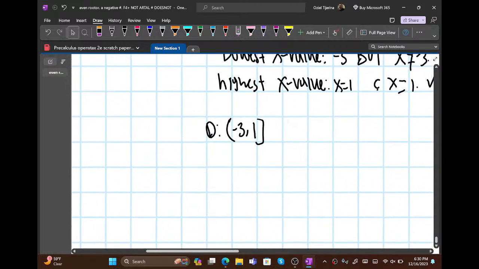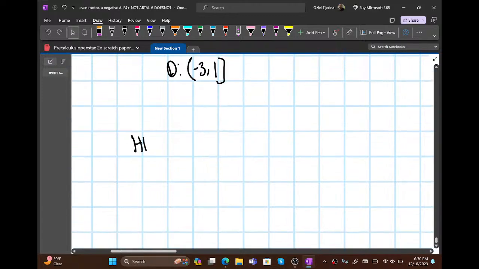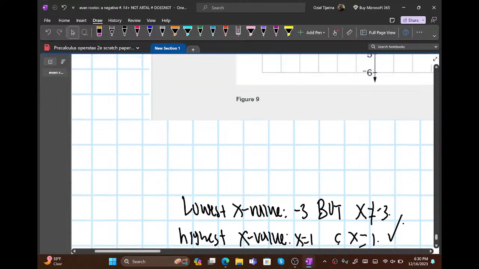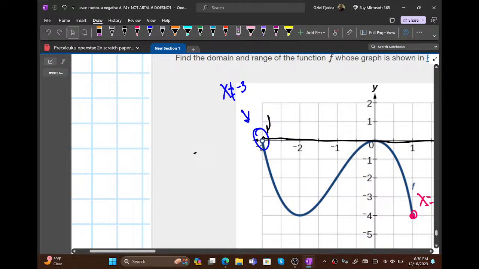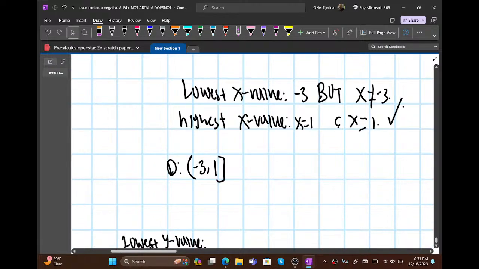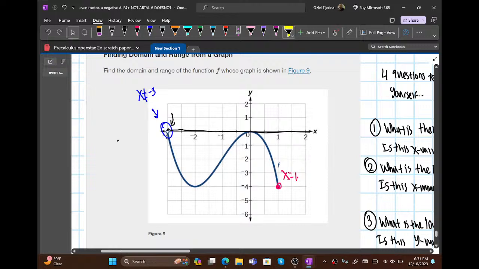Now for the range, the lowest y value, actually, you want to see in terms of the y-axis.